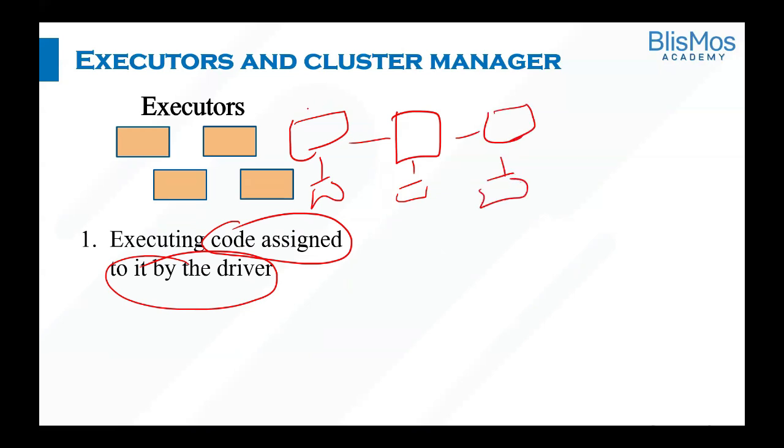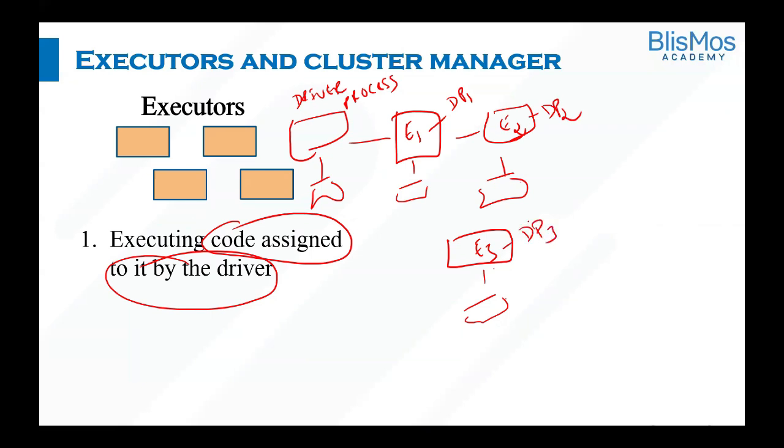Now you have a driver process in one system, which assigns the code. There is executor 1 here, executor 2, executor 3. I'm just taking an example: you have data part 1, data part 2, data part 3. So the data is already distributed.